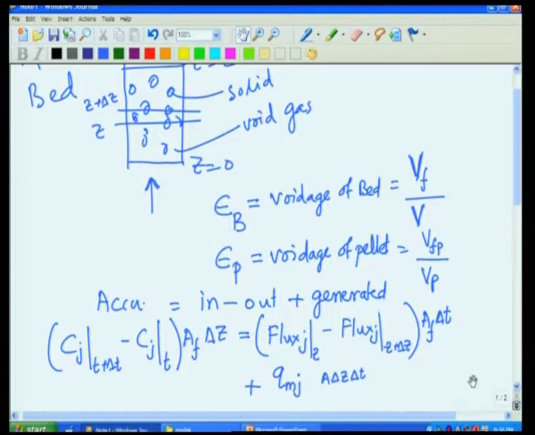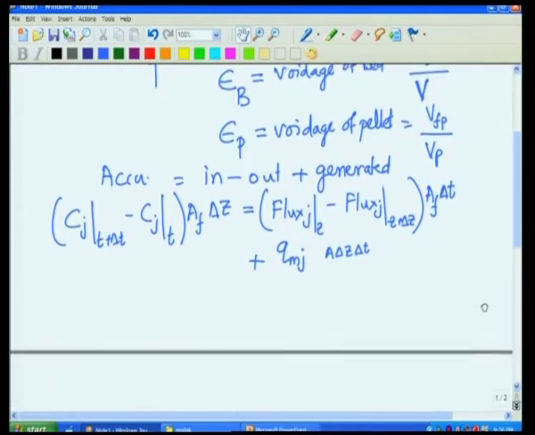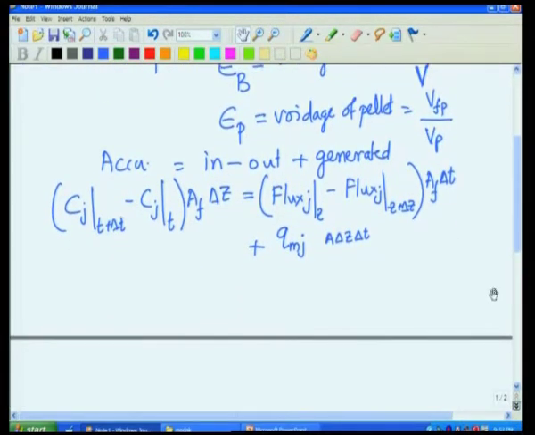We will leave it at Qmj for the time being, and the reason for this will become clear as we go on developing different types of models. So, right now we will just say that Qmj is the rate.